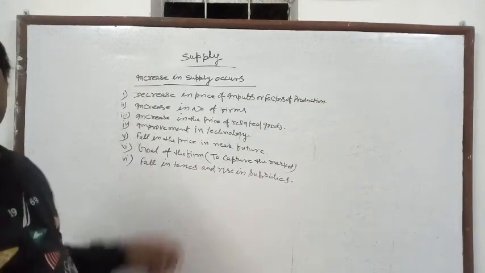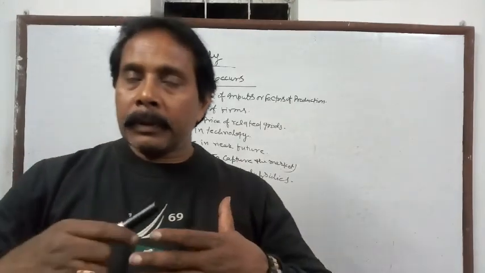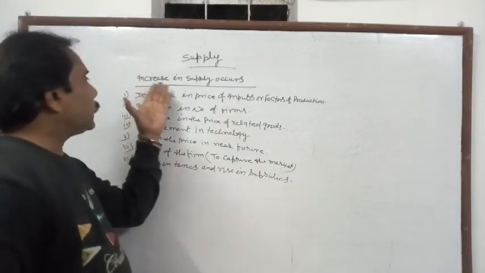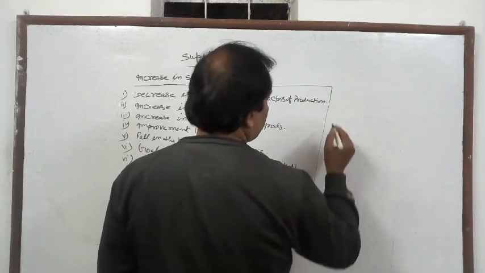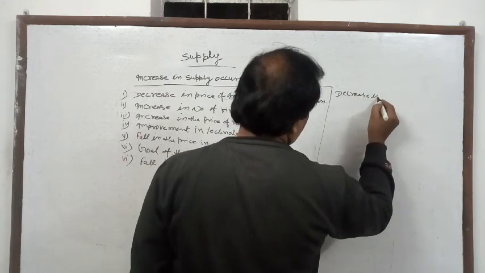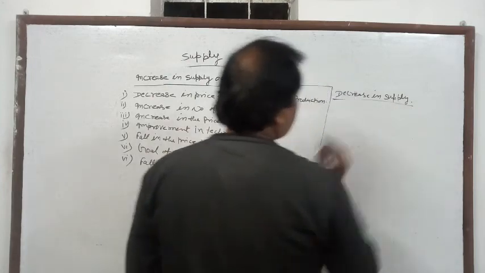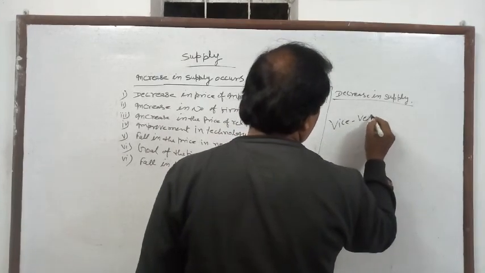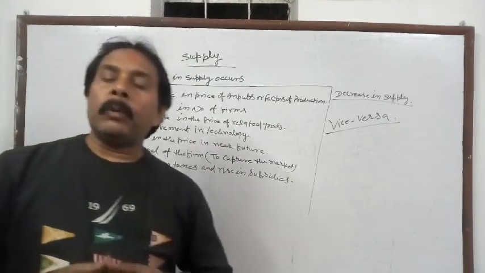Okay, so these are the factors due to which the supply curve shifts rightwards, and vice versa, decrease in supply, that is the vice versa, or just opposite to it.